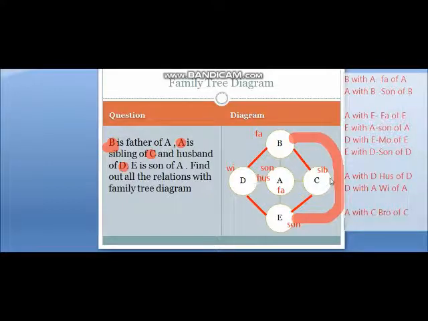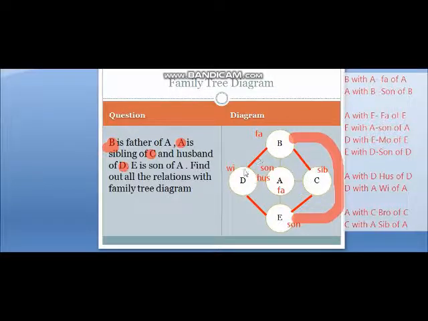But in the reverse case, if you are going to write C with A, then you cannot write brother. You will be writing sibling of A, because you do not know कि C is whether male or female. Okay. So A और C का भी relation हो गया. These are your direct relations.